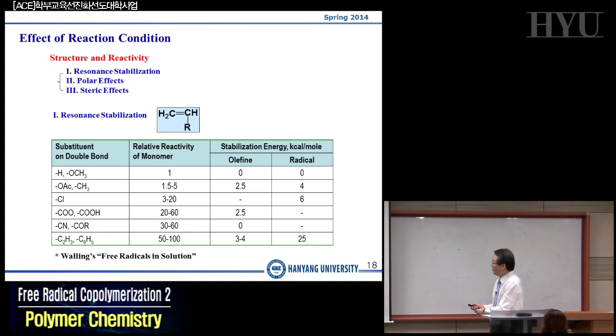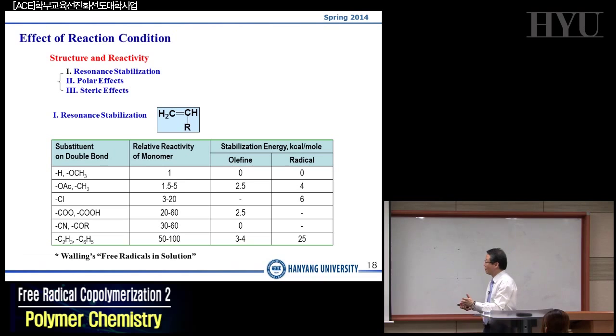And the stabilization energy will, of course, increase in this case. I have 2 columns. This is just substituent groups, and this is the radical, meaning that if your monomer becomes a radical, then you have a stabilization energy as well.